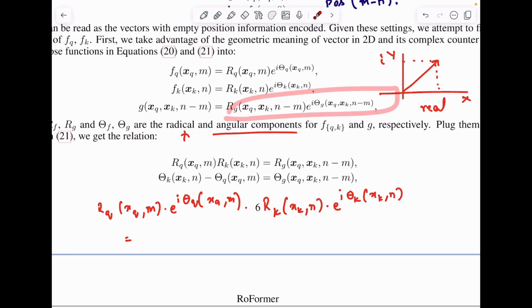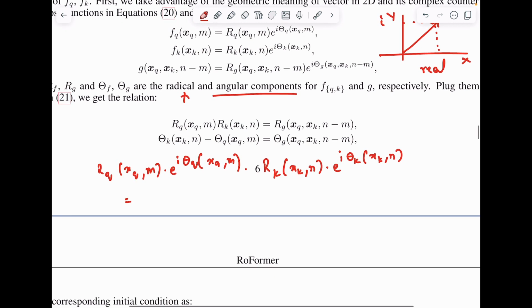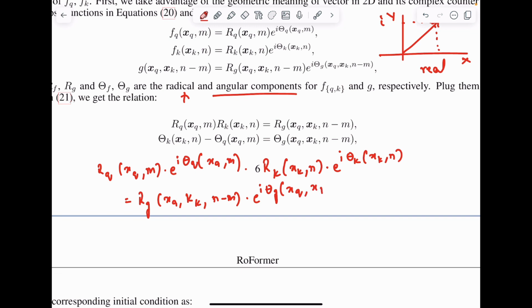That essentially means that we have rg(xq, xk, n minus m) and theta g(xq, xk, n minus m). I'm spelling it out so it becomes a little bit easier to follow the detailed derivation.